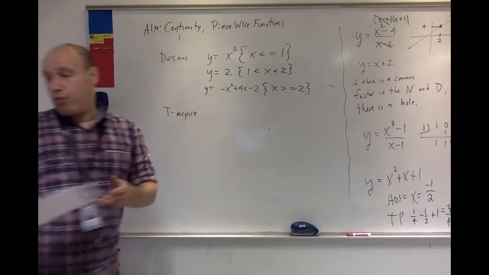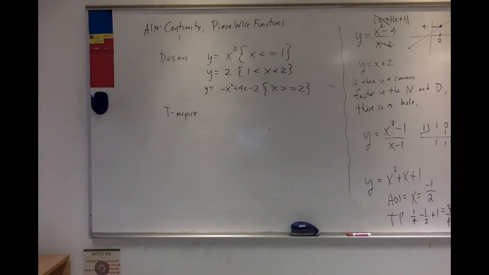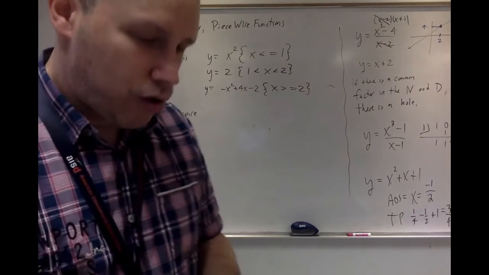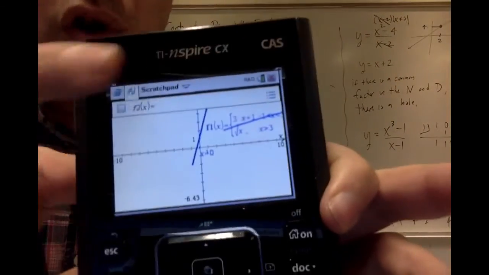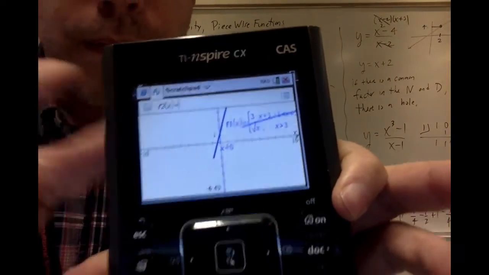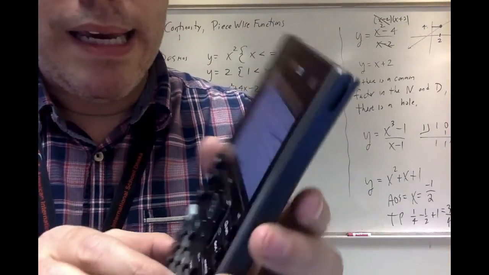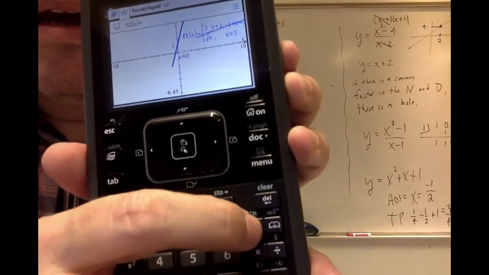Now, this is really cool because there's a button on your calculator. Let's turn this on. If you go to your graphing calculator, and you go to graph, and you do the tab, and then you go to this button right here. See this button here?